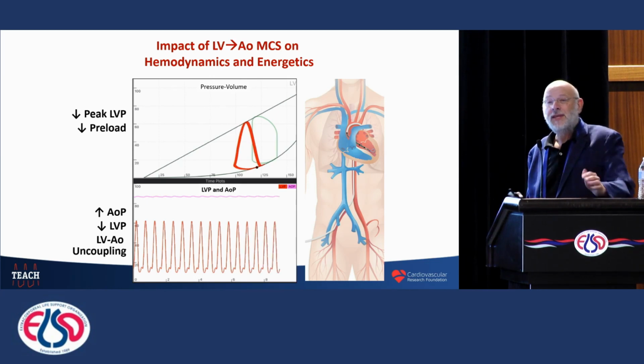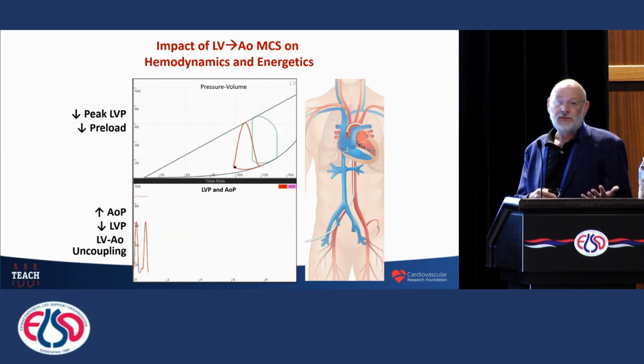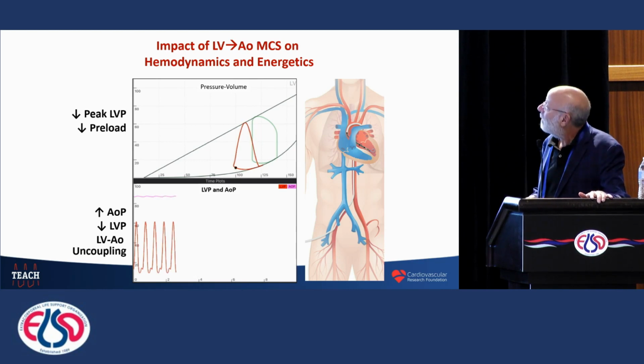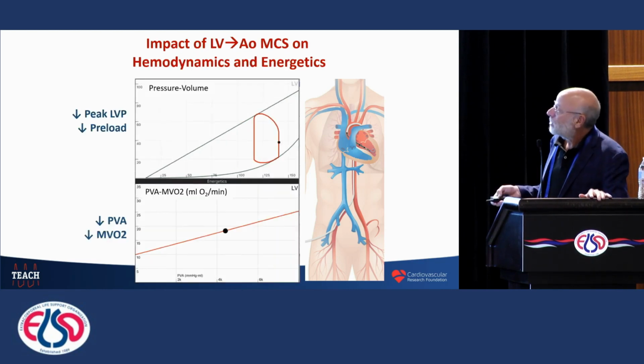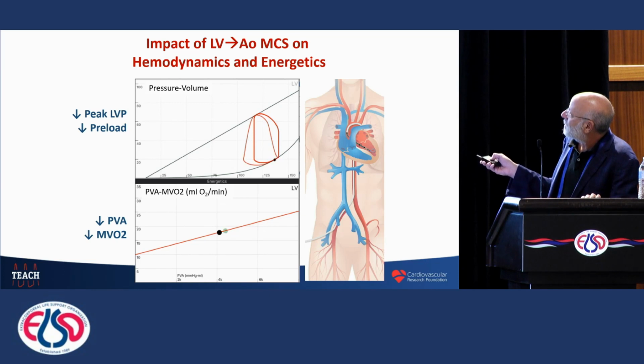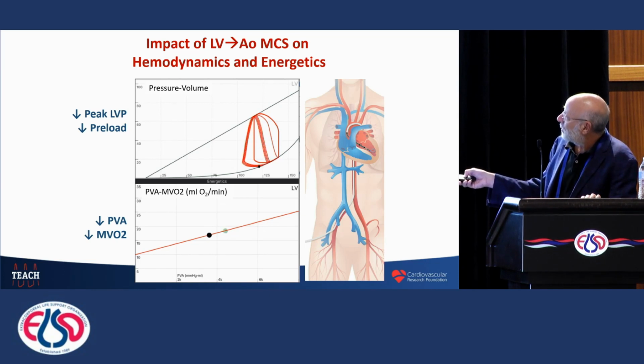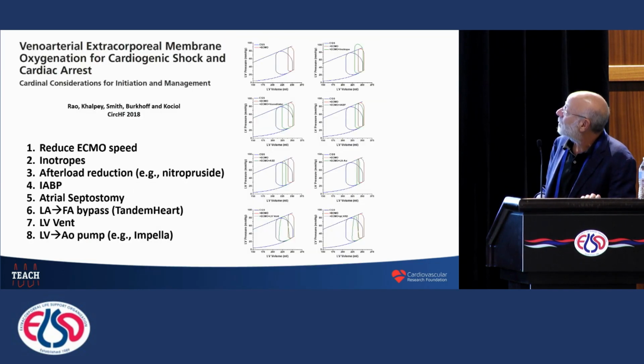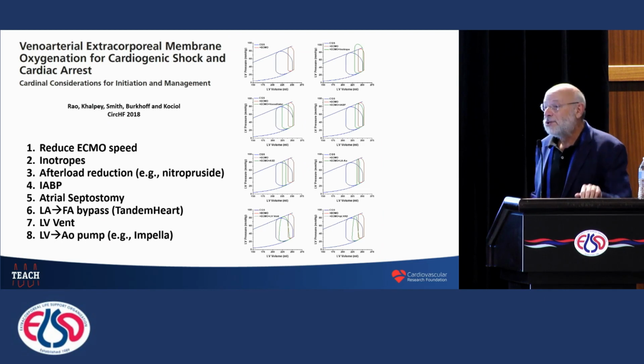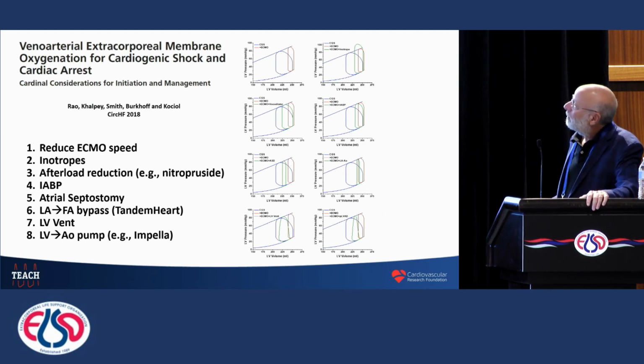What is the difference in the care of a patient on ECMO versus a patient who is on a ventricular assist device? And also energetically, we can understand that unloading the ventricle also results in a reduction in the myocardial oxygen consumption. We've also used our simulations to understand and compare the different strategies for unloading the LV.